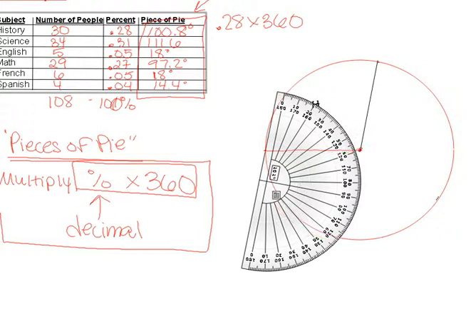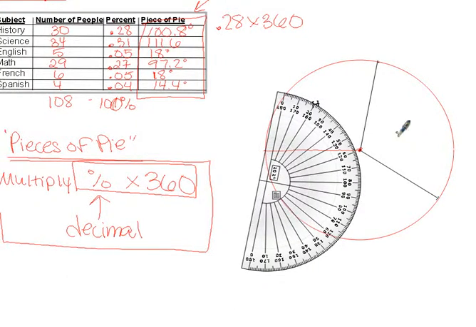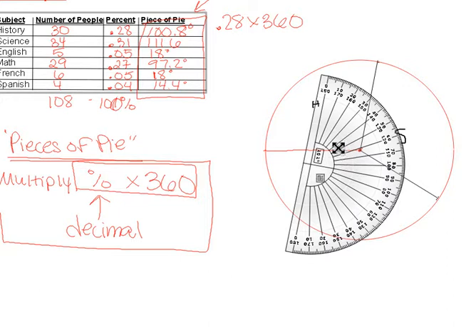Okay, and then you can move that out and connect your points. Connect your center to the proportion, and then mark with your pencil to show what subject it is. Do this for all 6 parts.